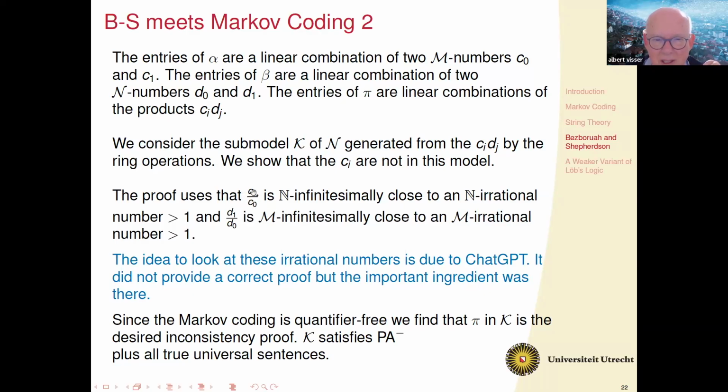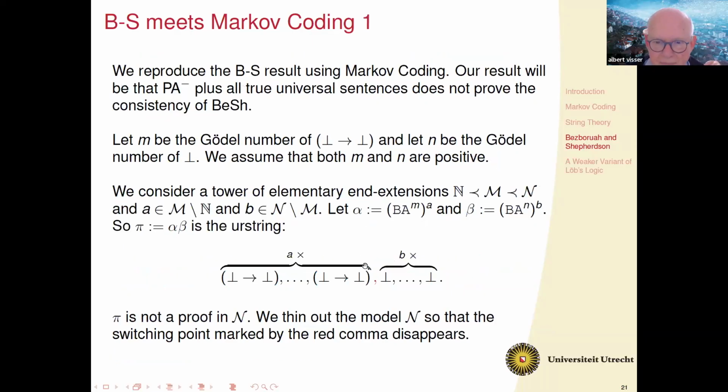It's interesting because it uses that C1 to C0 is n infinitesimally close to an n irrational number, so a standard irrational number, and D1 to D0, to the larger ones, are m infinitesimally close to an m irrational number. And so you essentially use this to prove that you do not have certain identities, and you need, of course, to show that this point is not in, right?